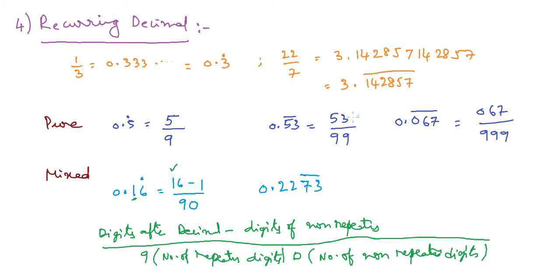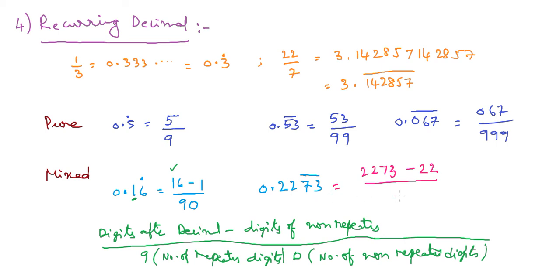Let me work through this so that it will be very clear. First we write the digits after the decimal, 2273, minus the non-repeating digits, which are 22, divided by the nines.